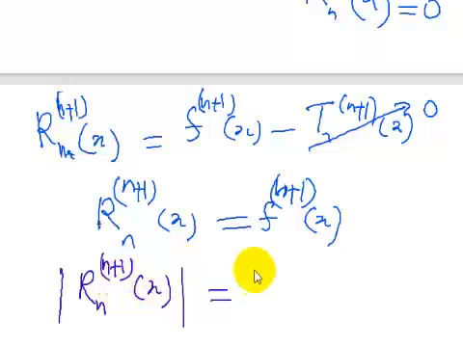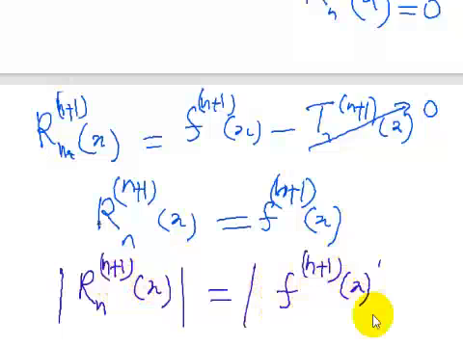This one is the same as the modulus of f^(n+1)(x), so we are going to find a bound for this.